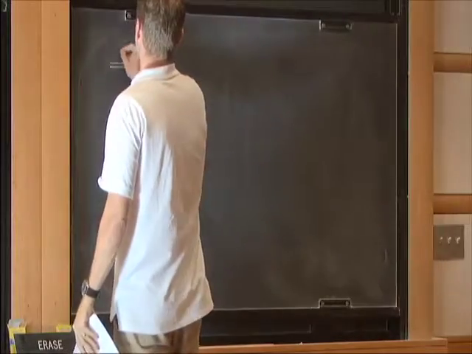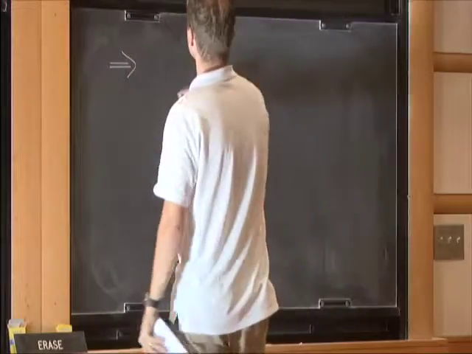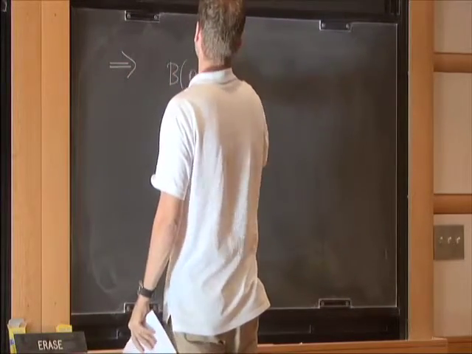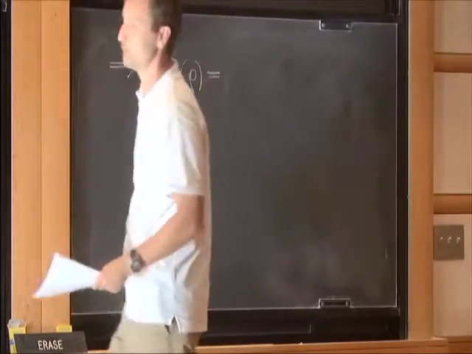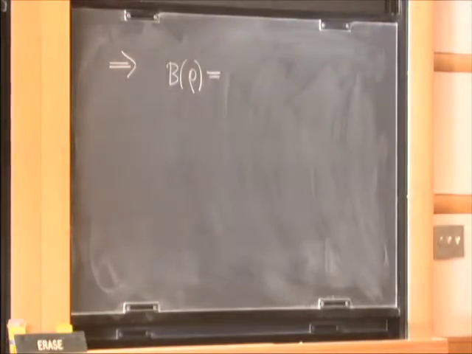So one thing it implies is that you can think of B of rho as being some suitable completion of this locally algebraic representation.